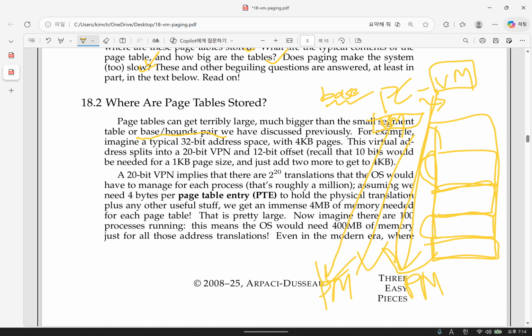Base and bounds requires a contiguous physical memory. It's like one giant segment with a single base and limit.